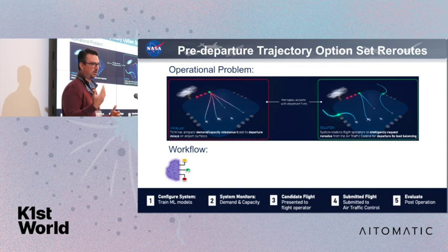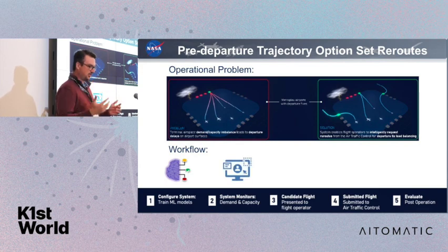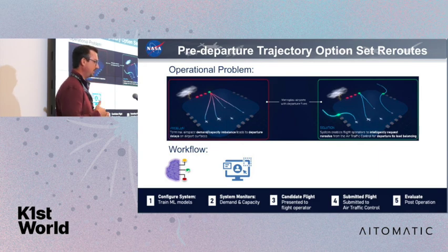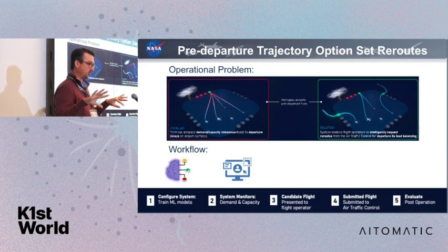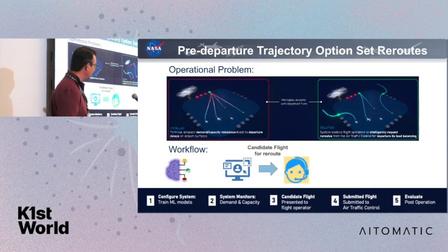For this talk, think of that as training all of our machine learning algorithms. Then the system runs in the background, monitoring demand and capacity, and again generating predictions of delay on both the filed routes and all the alternative routes. Here is where we get the first human in the loop.